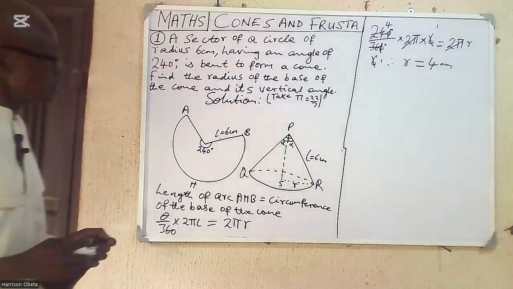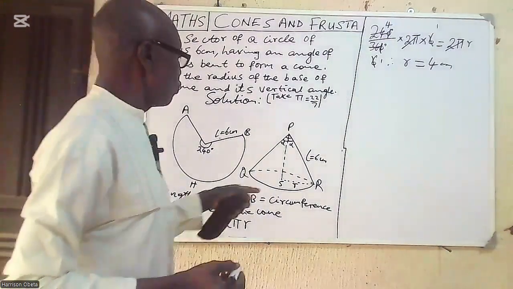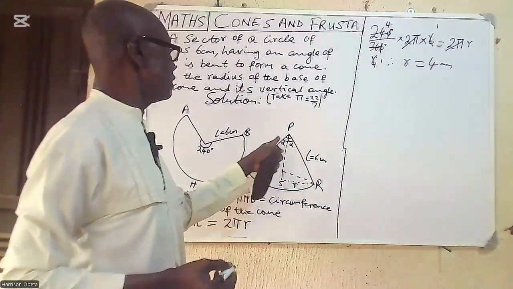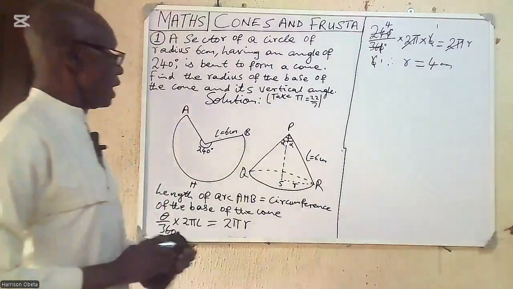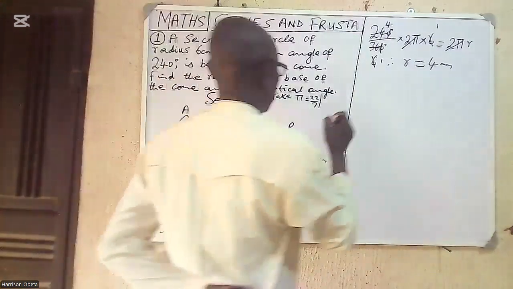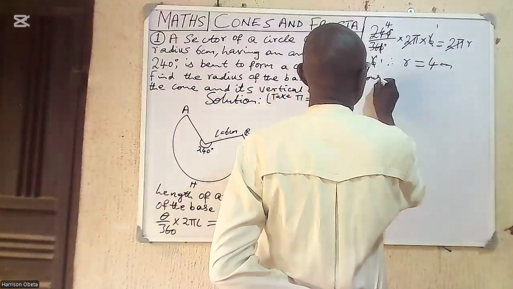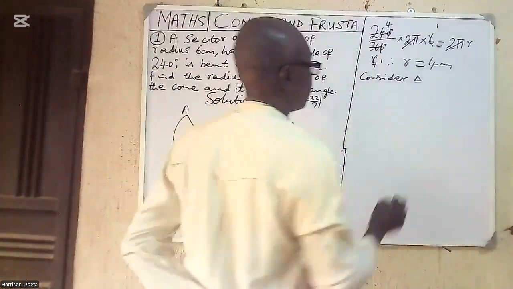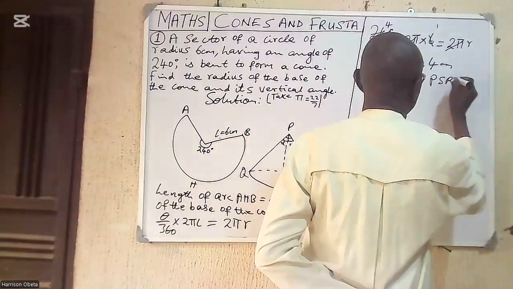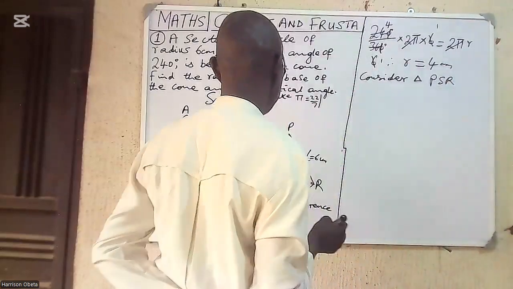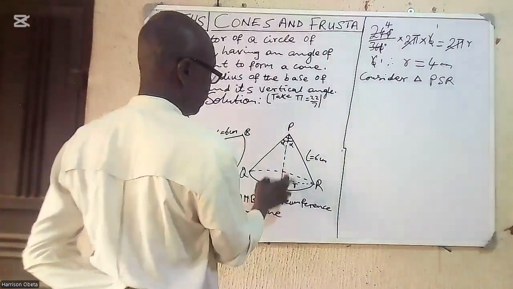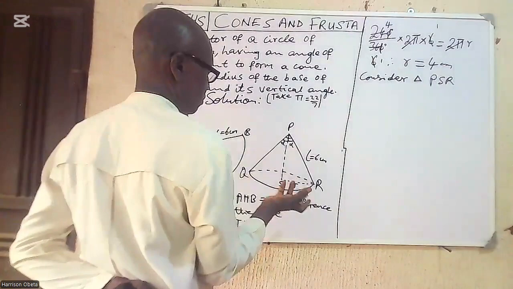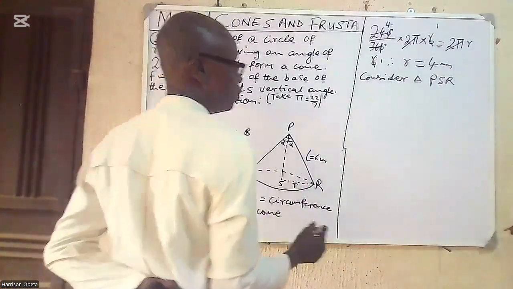Then, since our R is 4 cm, the next thing we have to do is to find this angle and multiply by 2 to get the whole angle. And in order to do that, we consider triangle PSR. In that, since we know the opposite to the angle, and we know the hypotenuse, which is our L, we can just use opposite over hypotenuse, which will give us sine.